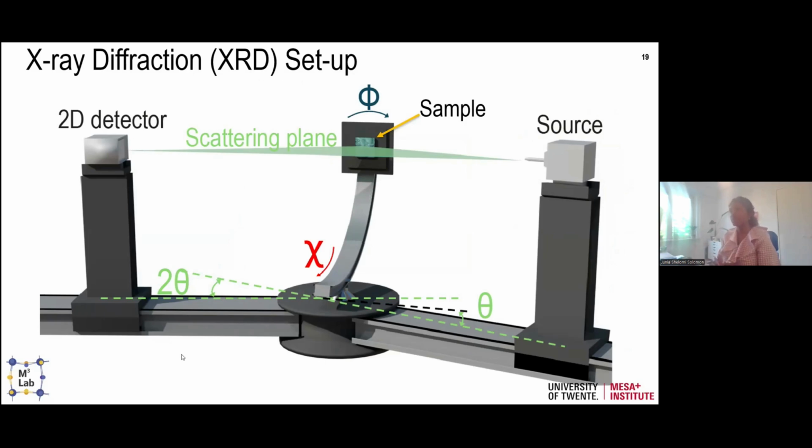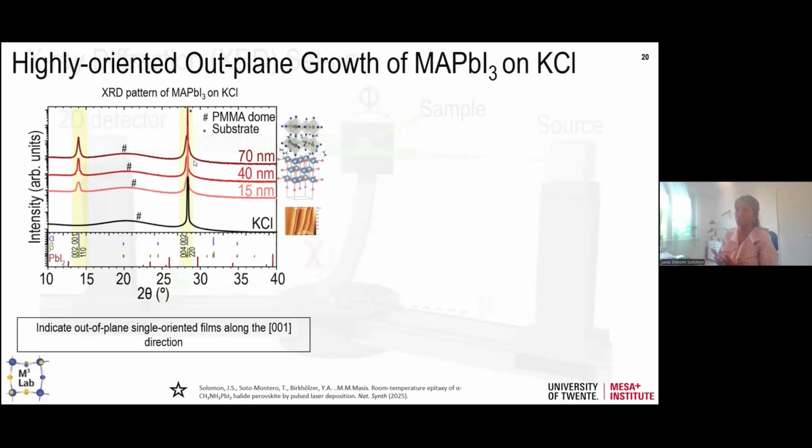Our setup at the University of Twente allows us a few additional degrees of freedom. One is the phi angle, so you can rotate your sample azimuthally with respect to your surface normal, and also the tilt of the sample. And we have a 2D detector, which helps to make quick imaging. Okay, so I take my sample, and the first thing I do is a 2 theta omega scan.